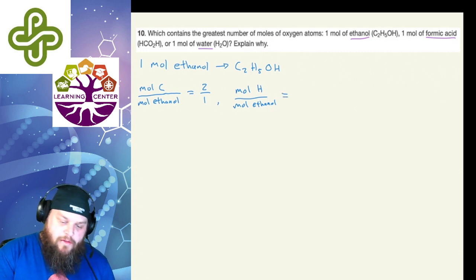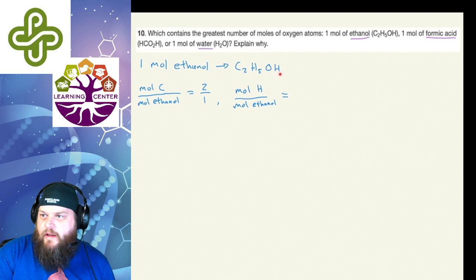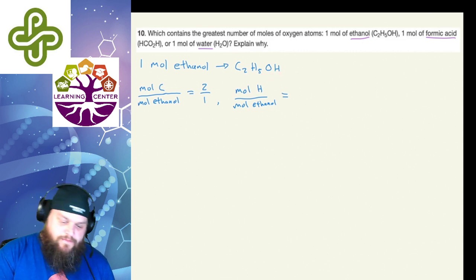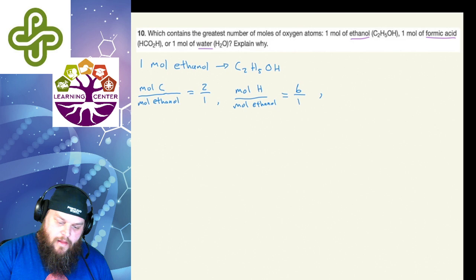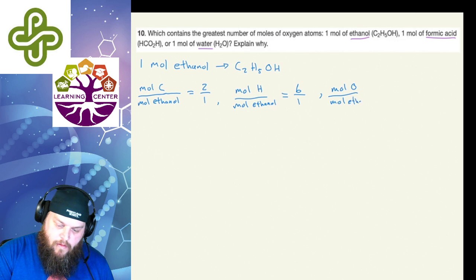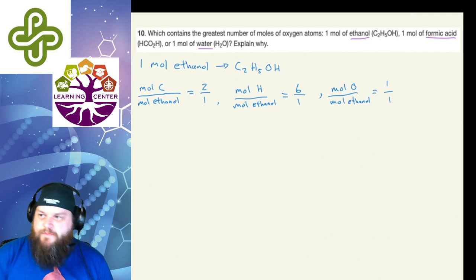A similar idea, look at moles of hydrogens per mole of ethanol. We can count those up. Here we have a 5 down there, but we have 1 more over here, so we have to add that together. It gives us 6 total. So that'll be a 6-to-1 ratio. The last one is oxygen. The mole of oxygen per mole of ethanol is equal to, we have just 1 oxygen there, so that's a 1-to-1.